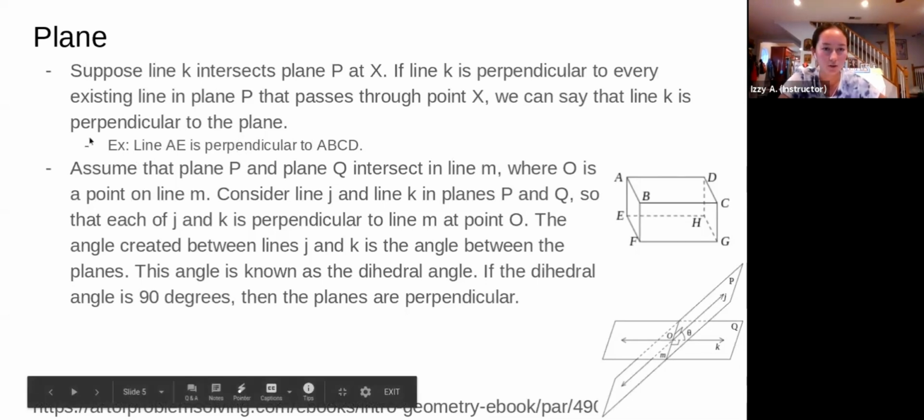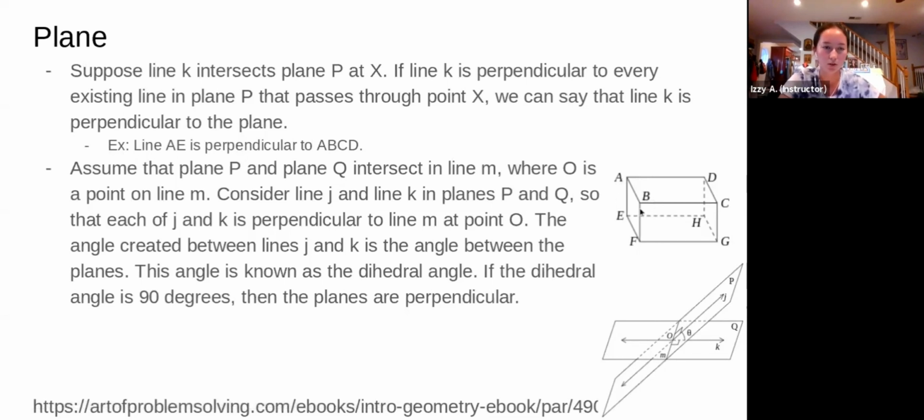Okay, so for example, line AE, referring to this image right here, is perpendicular to ABCD. So you can see that it forms a 90-degree angle with the plane ABCD.